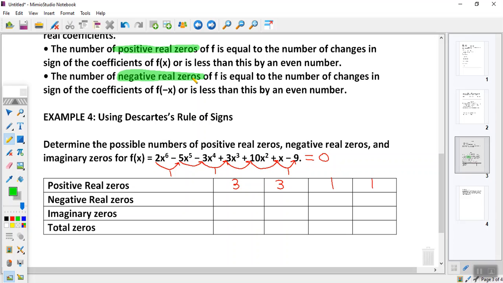I have a question for you. True or false? Positive x squared is equal to negative x squared. True, because a negative times a negative would be a positive. Okay, how about this?